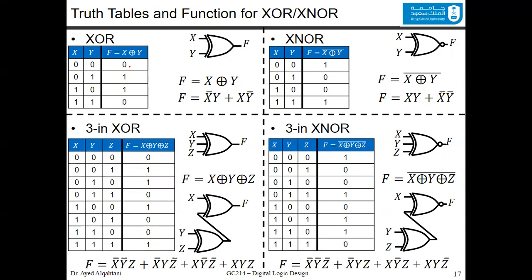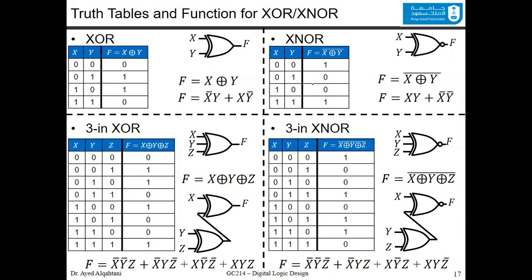The XNOR is the opposite of the XOR. We can also say that when X and Y are equal, the result is going to be 1, and when they differ, the result is going to be 0.